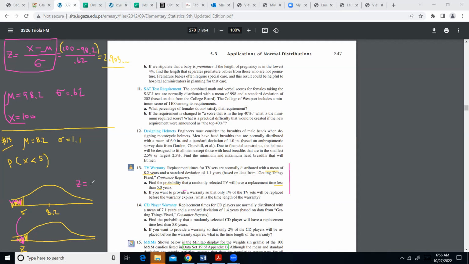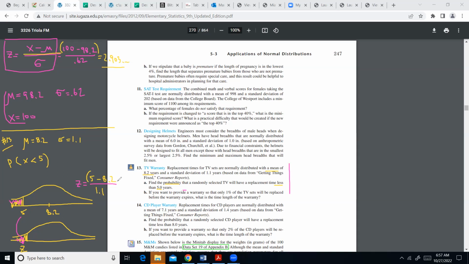And we have everything that we need to use that formula, so that instead of the numerator that has x minus mean, I put 5 minus 8.2, and then divide this by standard deviation of 1.1.